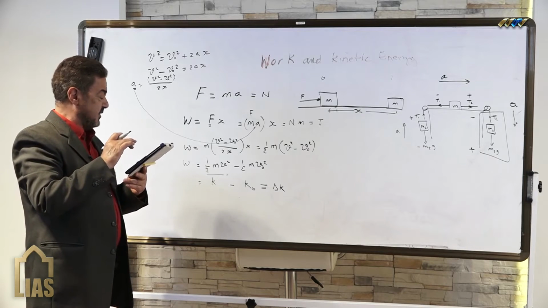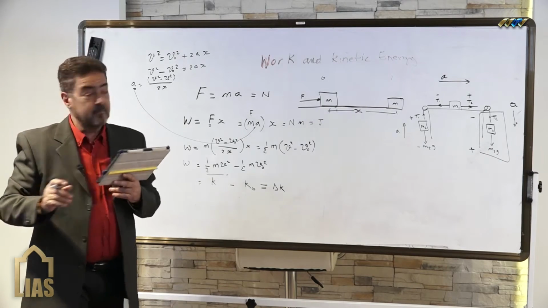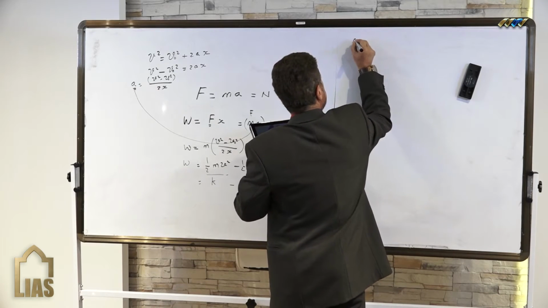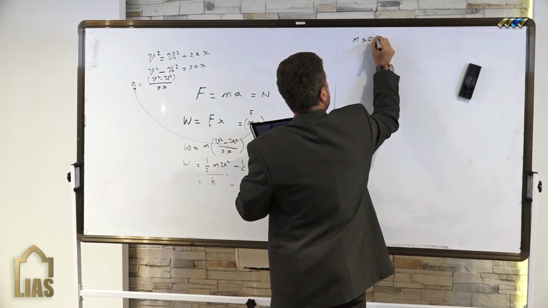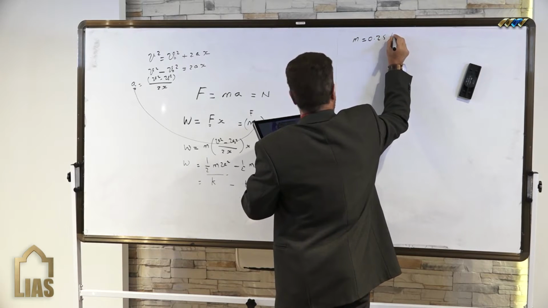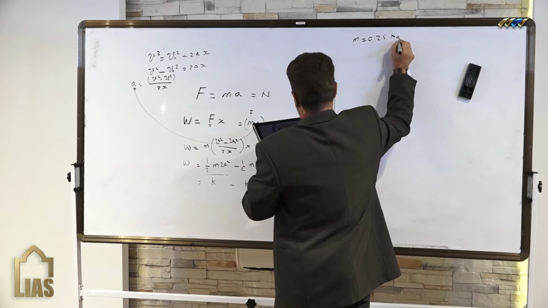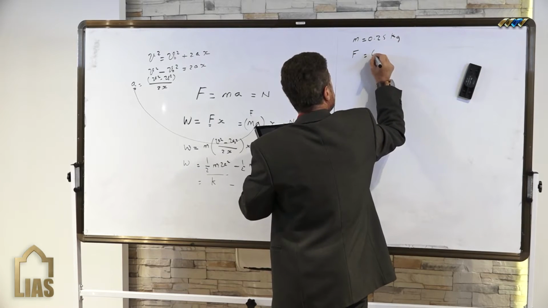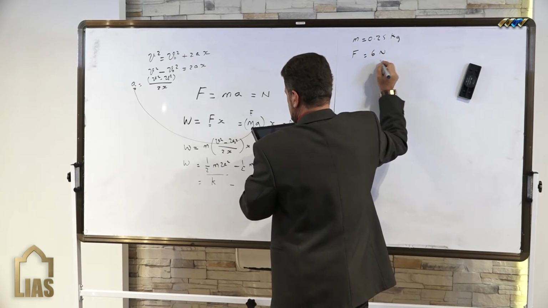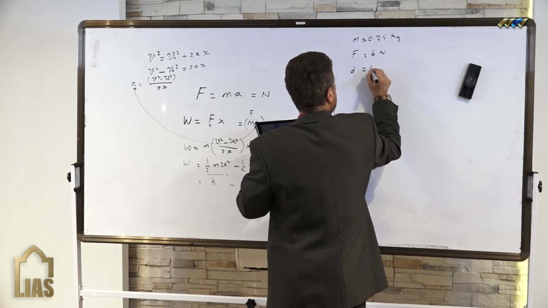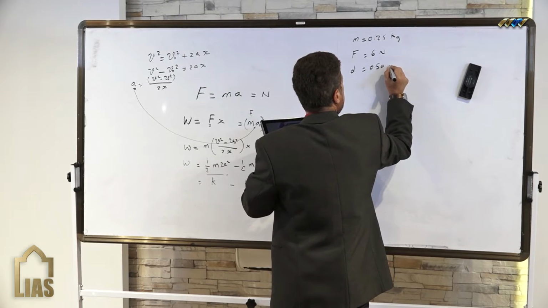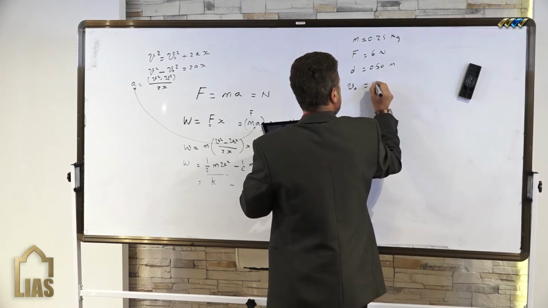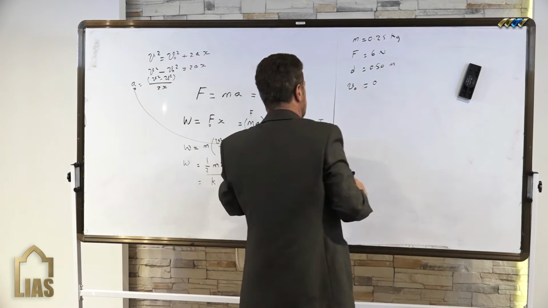They give you the mass of the block is 25 kilograms, the force is 6 newtons, the distance is 0.5 meter, and v0 is equal to 0.